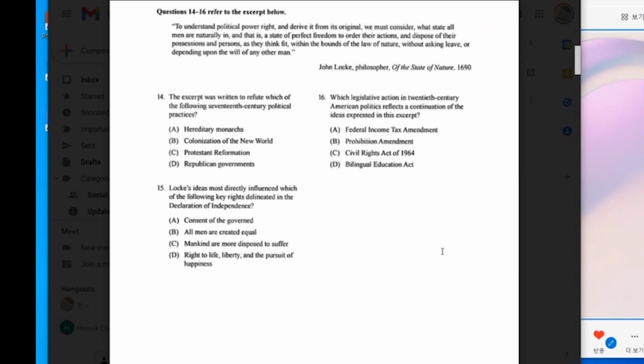So yeah, Locke basically refuted, right? Which one of these answer choices? His ideas went against colonization? No, not precisely, because he didn't really talk about self-determination per se, right? What was the core?